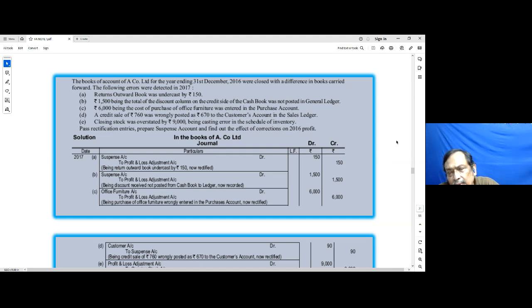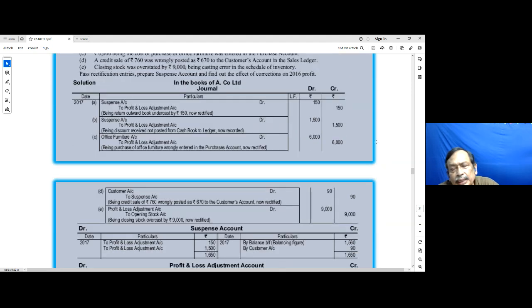Hence, what you are required to do, you have to increase your profit, and office furniture you have not debited, that is to be recorded. So that's why office furniture account debit will be 6,000 and profit and loss adjustment account will be 6,000.